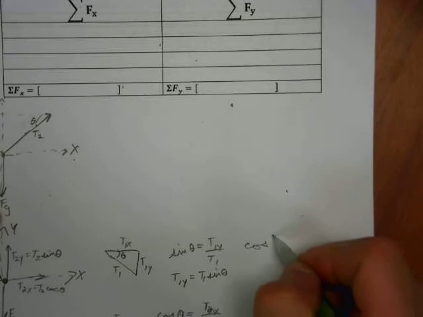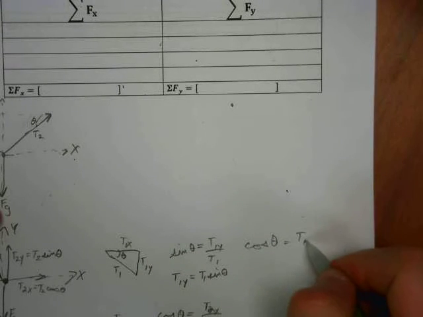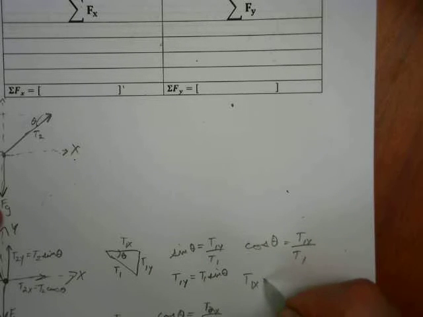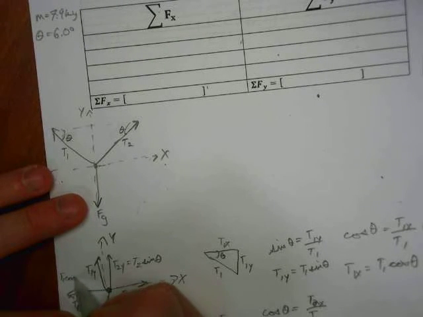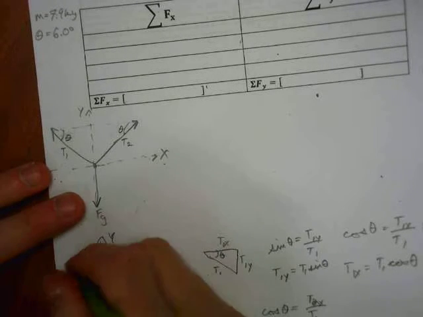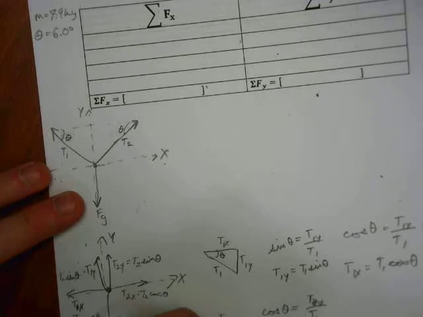Cosine theta equals the adjacent to the angle T1x over hypotenuse T1. T1x equals T1 cosine of theta. So I can put T1 cosine of theta here, and excuse me, this was sine. And here is T1 cosine of theta.